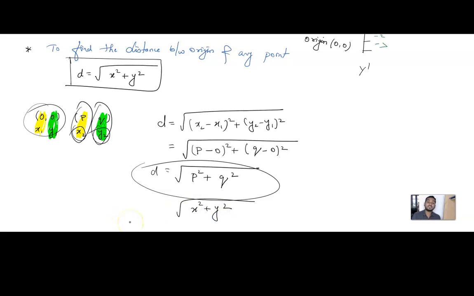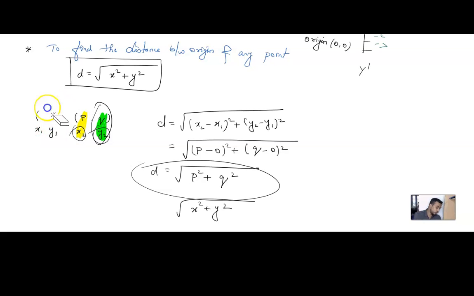I am not writing x2, y2 because x1, y1 is absent. So we have only one term. Instead of x2 I am writing x, and instead of y2 I am writing y. So this is the distance formula we use to find the distance between the origin and any point. D is equal to root of x square plus y square.